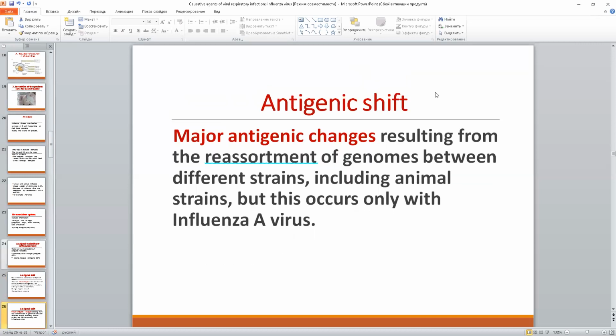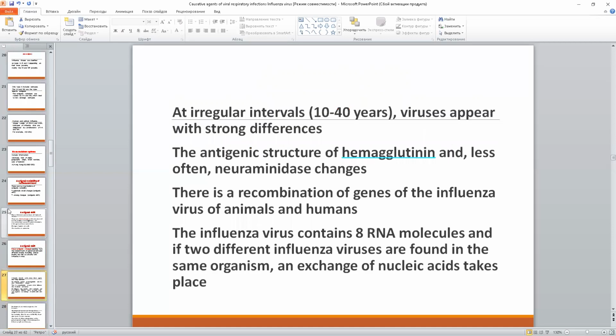Antigenic shift is major antigenic change resulting from the reassortment of genomes between different strains, including animal strains. But this occurs only with influenza A virus. So at irregular intervals, from 10 till 40 years, viruses appear with strong differences.